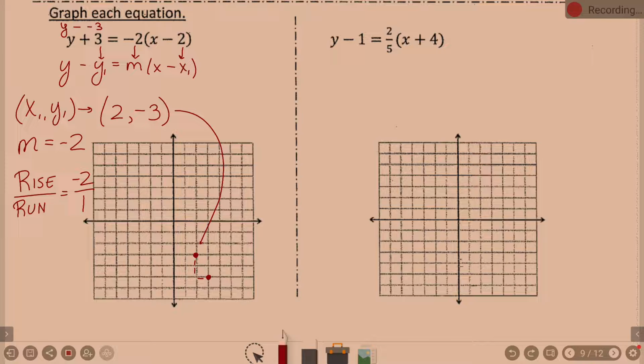Could you make other dots if you want to? Yes. You could go down 2, over 1 again. Don't forget, you could also reverse this and go up 2, left 1. Graph your line.